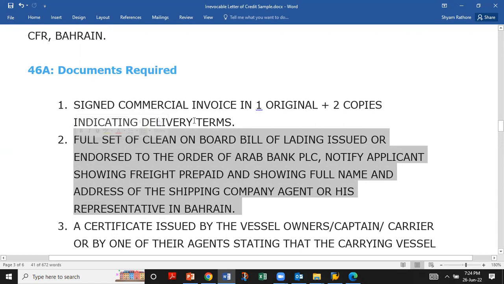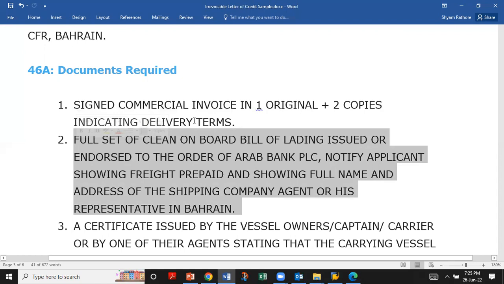Clean means the goods were checked by the shipping line and the goods are okay. A full set needs to be presented: three negotiable and three non-negotiable, so these six bills of lading need to be presented to the bank.